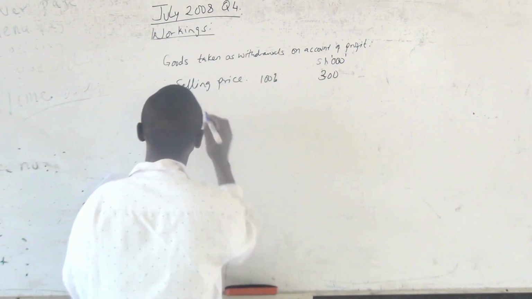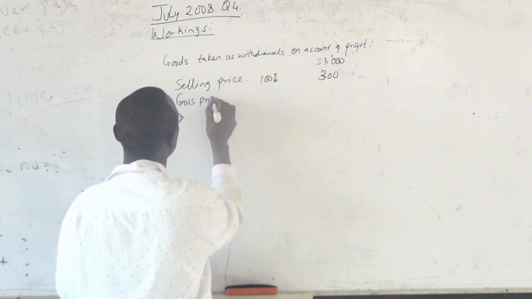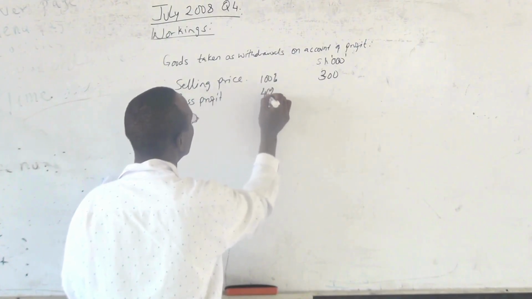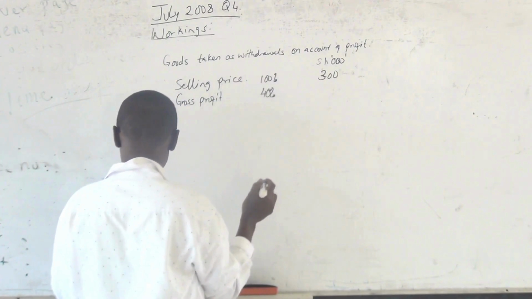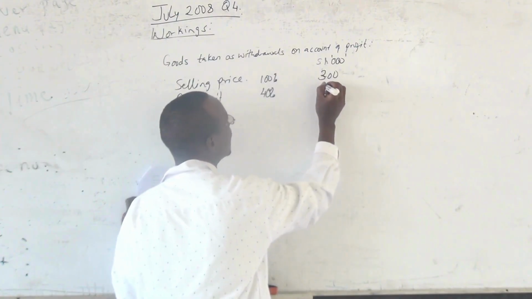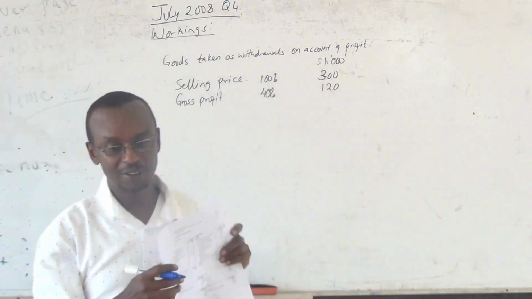Then, gross profit is 40%. 40% of 300 is what? That was the gross profit.